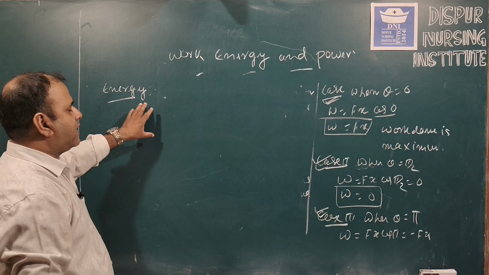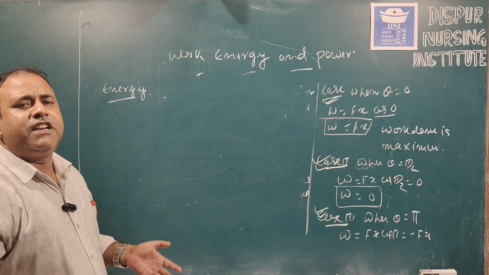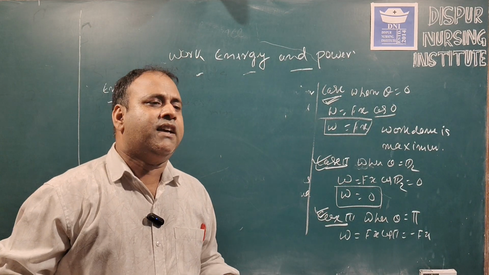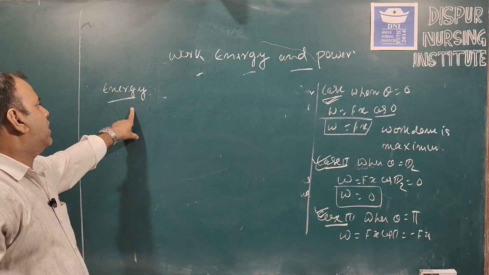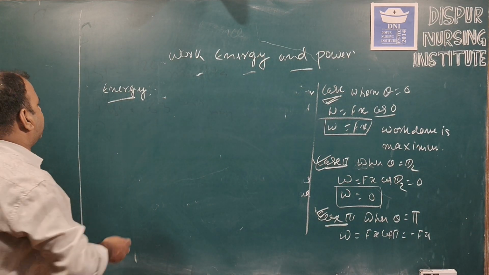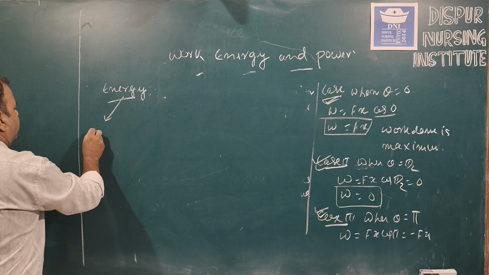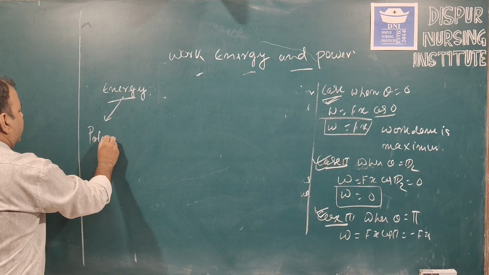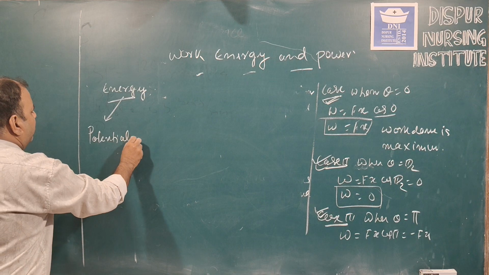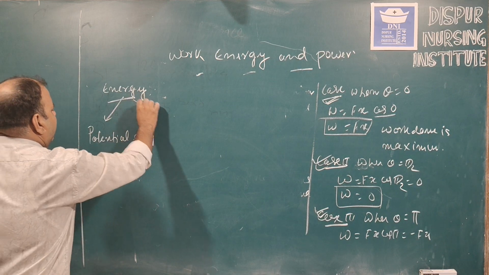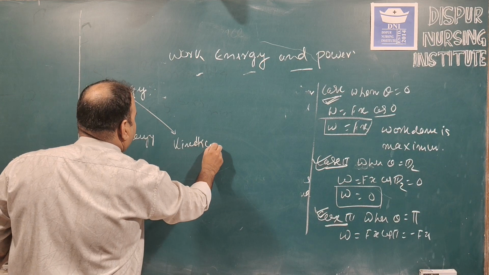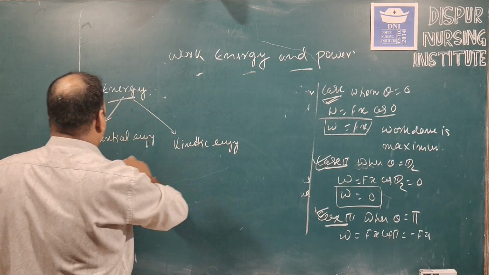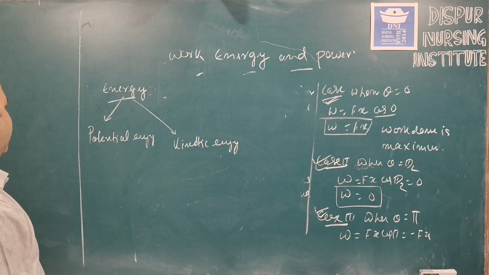This energy can be expressed in terms of joule. So energy is basically of two types: one is potential energy and the other is kinetic energy.